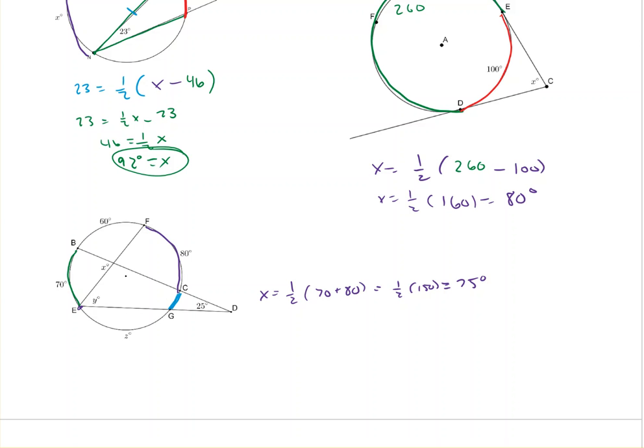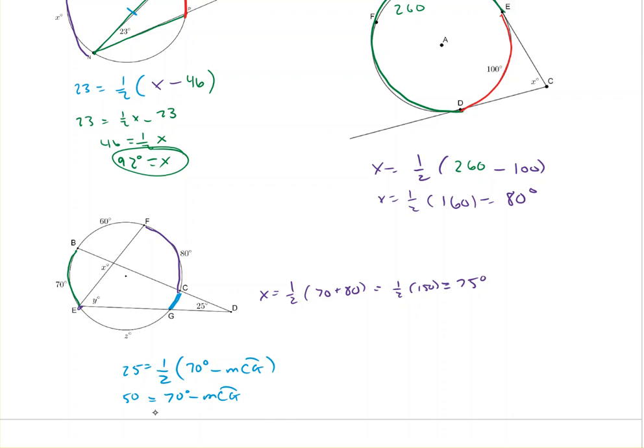I should think about this. I'll just call it arc CG for now. So we know that 25 equals 1/2 the large arc subtended by angle D, minus the small arc. So I make this 50 equals, I'll just multiply both sides by 2.